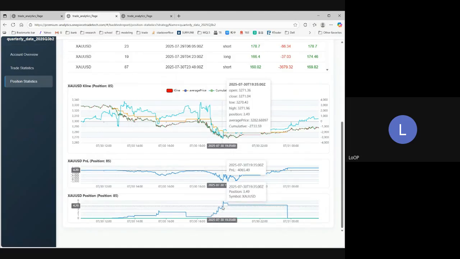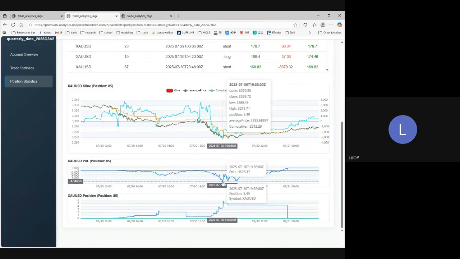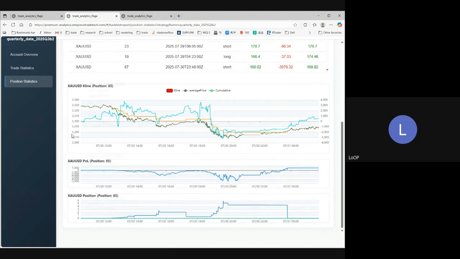That's when you see the floating loss quickly accumulate to more than 4,000, and at some point even more than 5,000. So you see that for this position, the strategy was going against the smart money the entire time. It's violating the first rule of trading: follow the big guys. So this is what happened.